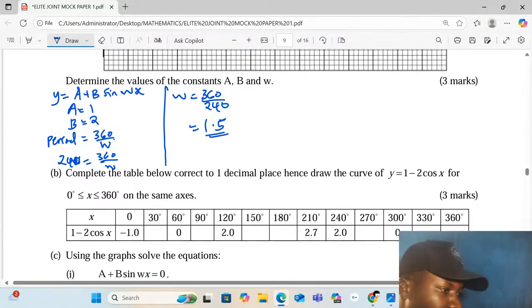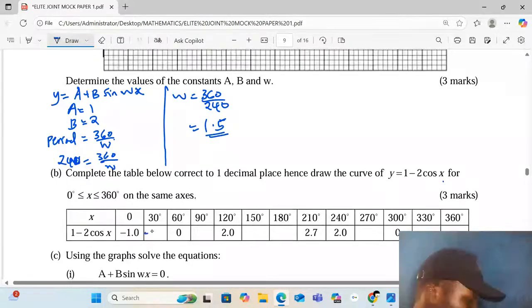Then they say complete the table below correct to one decimal place. Hence draw the curve of y = 1 minus 2 cos x for 0 degrees, on the same axis. So you can use this equation, y = 1 minus 2 cos x. Where we have x, we replace. For instance, here x is 0. You replace in the equation cos 0, then you take 1 minus 2 cos 0, you get negative 1.0.